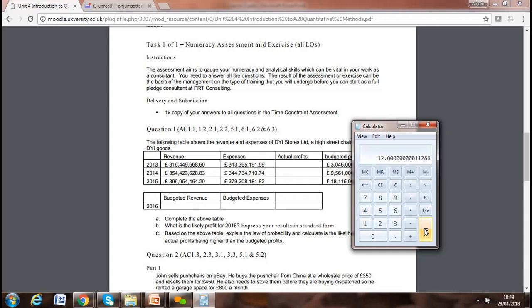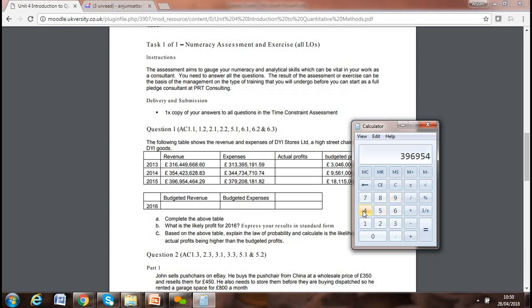So whatever the profit we had last year, my 12% is the increase. Just one second, I'll do it again.